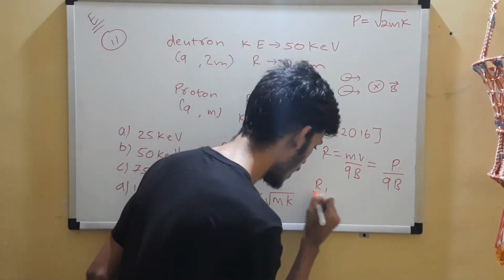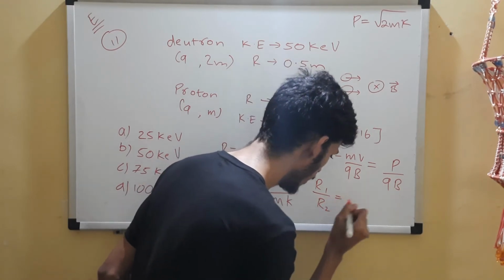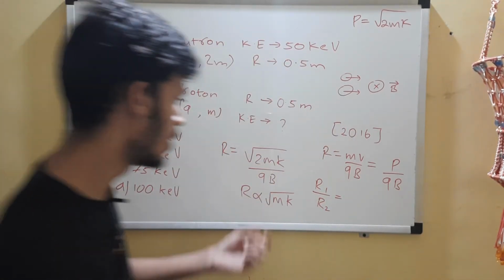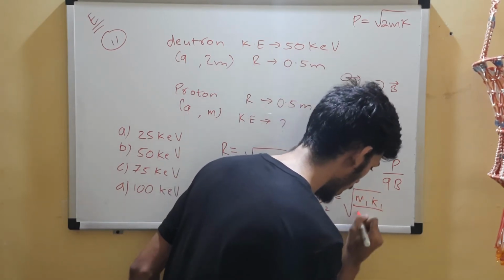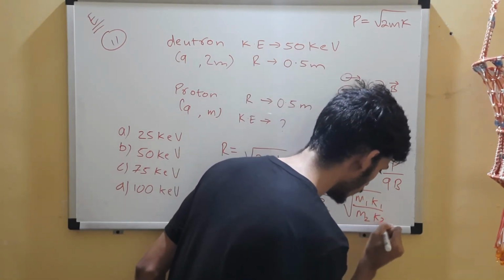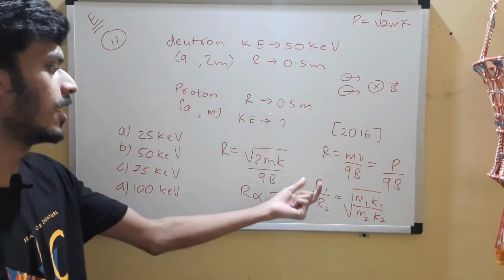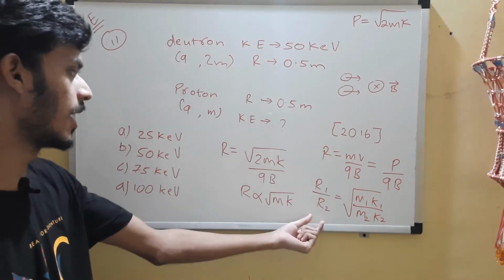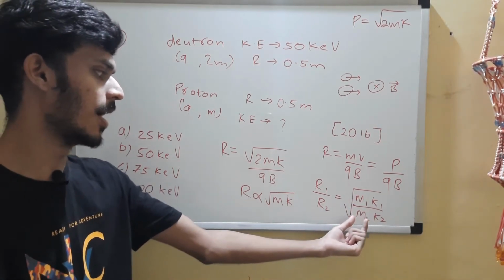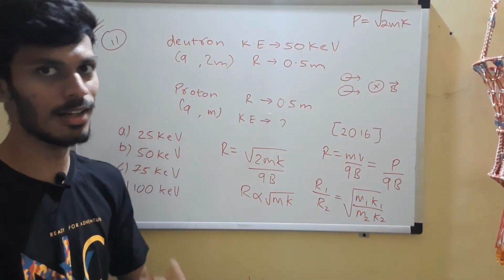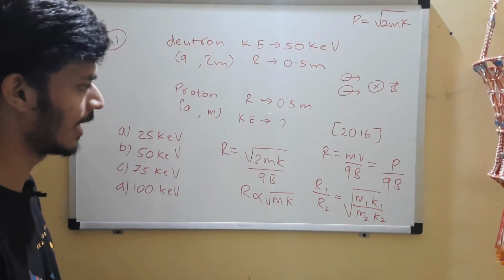So r1 by r2 will give you under root m1 k1 by m2 k2. The radius of the first, the deuteron, by the radius of the proton gives under root m1 k1 by m2 k2, where k1 and k2 are the respective kinetic energies.